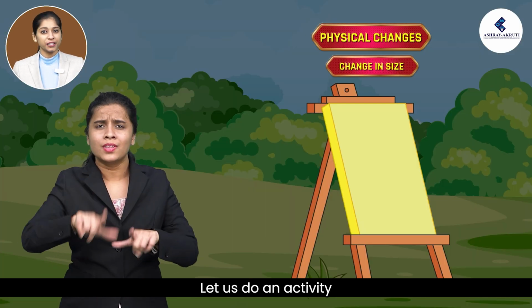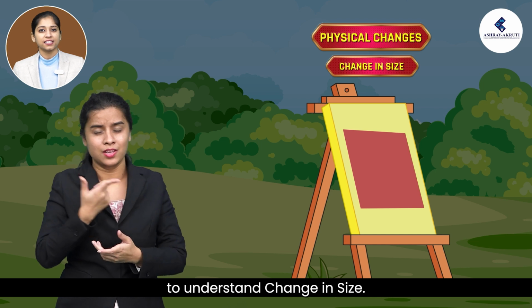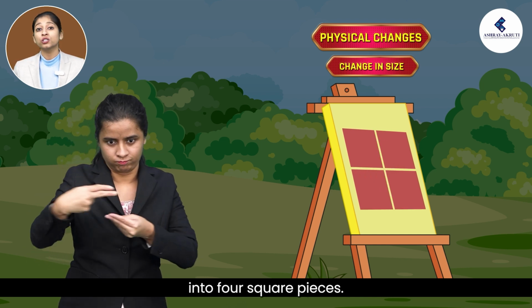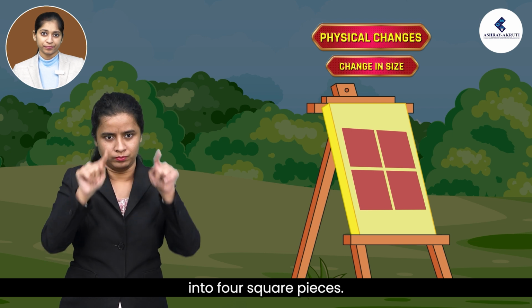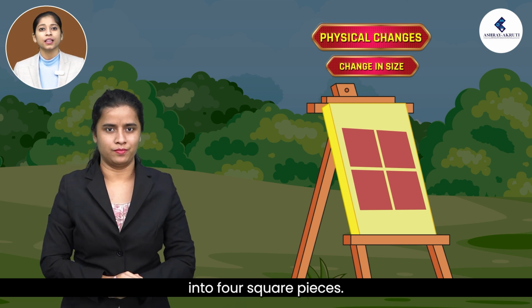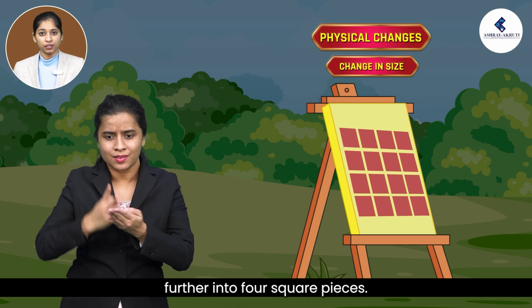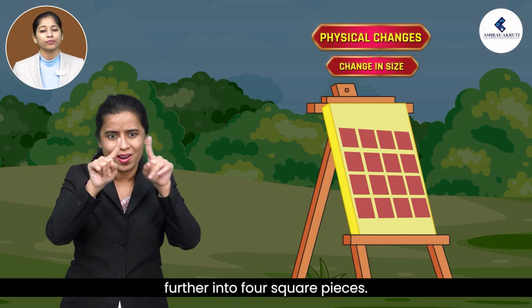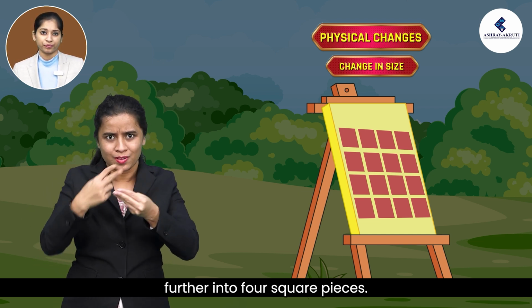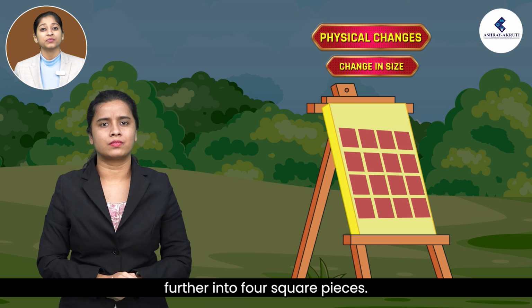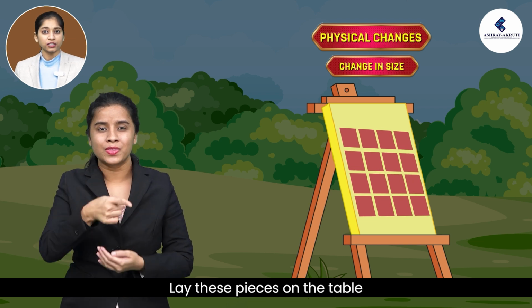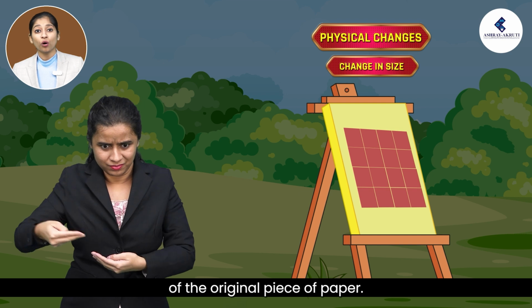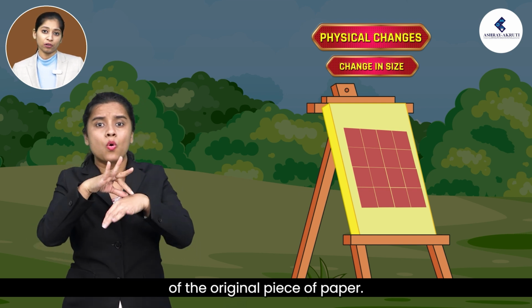Let us do an activity to understand change in size. Cut a piece of paper into 4 square pieces. Cut each square piece further into 4 square pieces. Lay these pieces on the table so that the pieces acquire the shape of the original piece of paper.